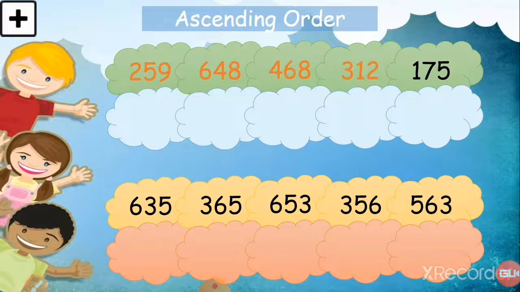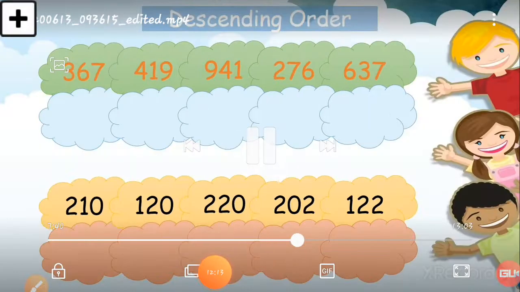There is orange color, so you also note down these, please: 259, 648, 468, 312 and the last one, 175. These numbers are still on the screen, so if you have not noted them down, please take a picture of it. You can easily note them down from your mobile phone. This is very easy, students, please go and write it down.